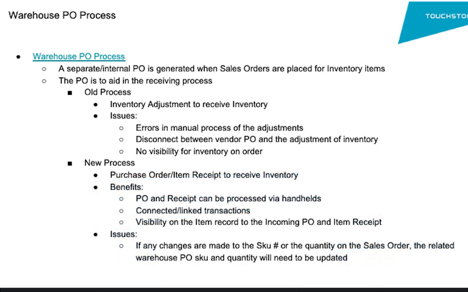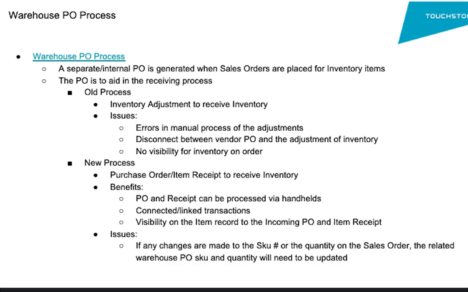So as I said, it's an internal PO to receive against the actual inventory item. Previously, the warehouse would just have the vendor PO that they receive when the product comes on the dock. It references the decoration PO. So that PO is just set up to the items that are like a setup charge or run charge.